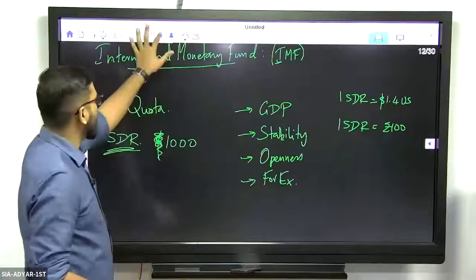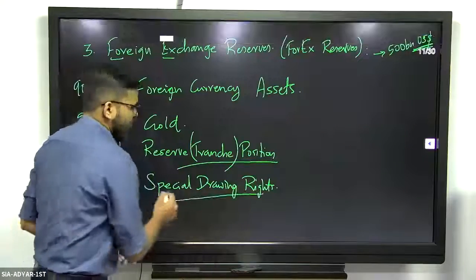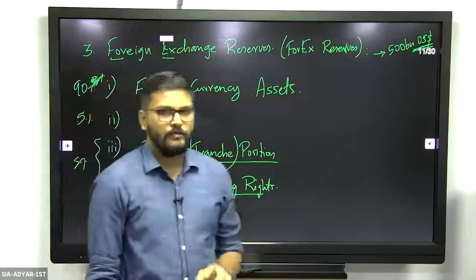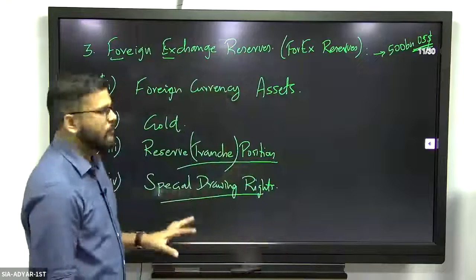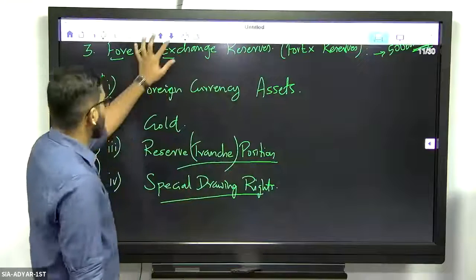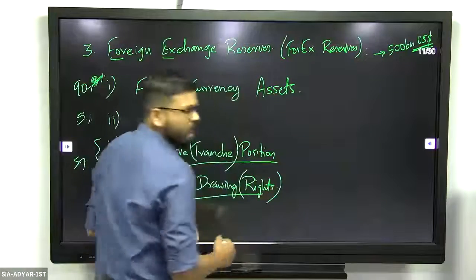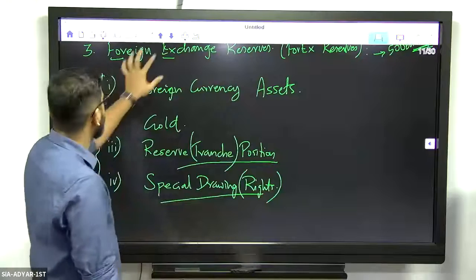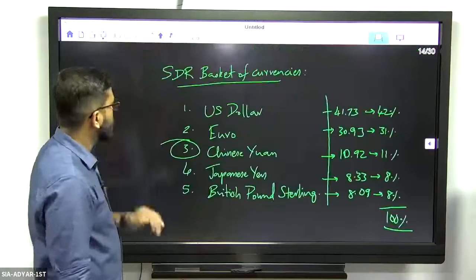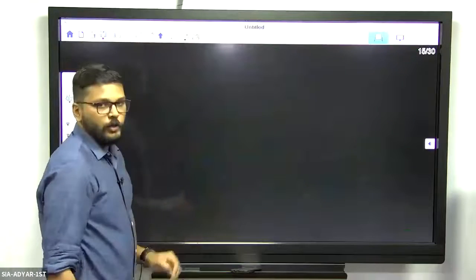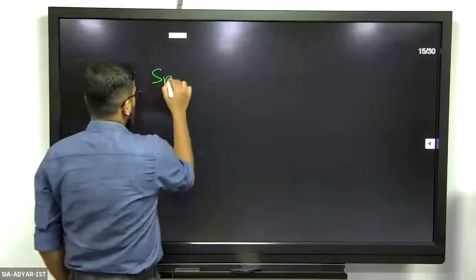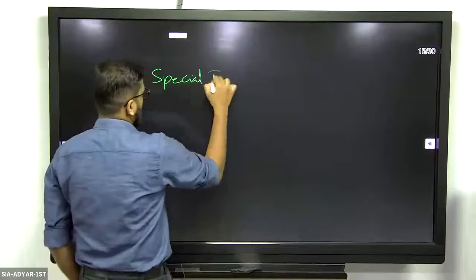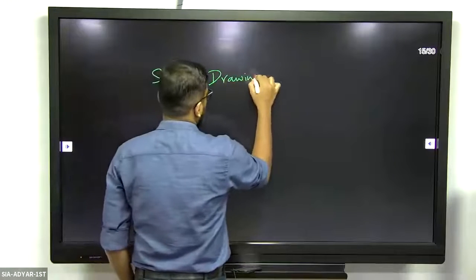But we still have not spoken about special drawing rights. We have not even gotten to the topic of special drawing rights. It is a right that we have, as the name itself suggests. Now we'll get to the topic.